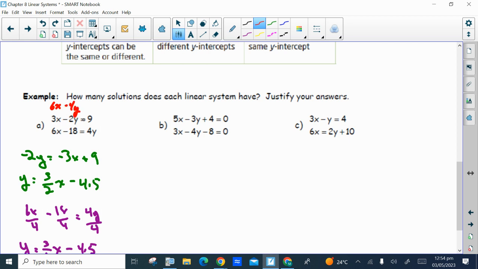And the 18 is brought to the right by adding 18 to both sides. And when you compare these two equations, you can see if you multiply the first equation by 2, it gives you the second equation. That's another way we know that they are the same equation. If you multiply this equation by 2, it will give you that equation.